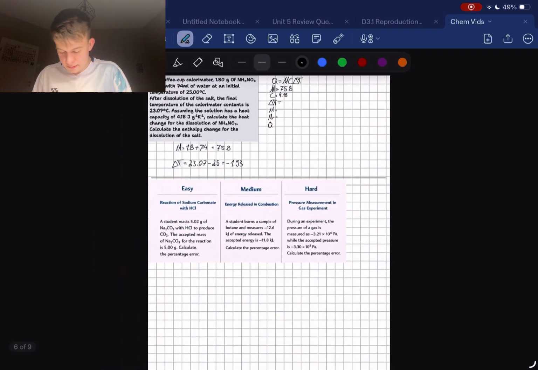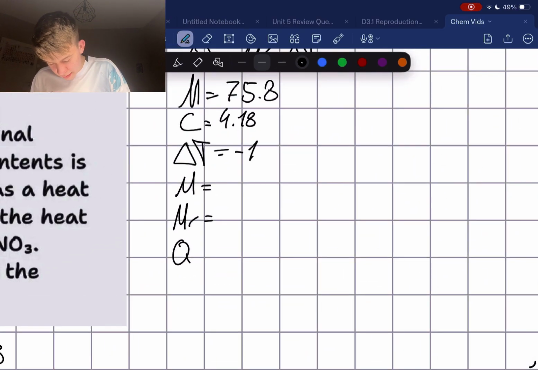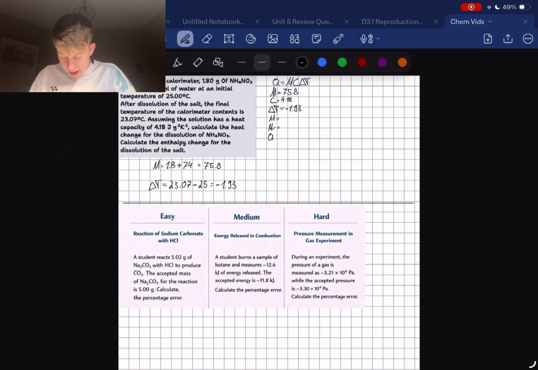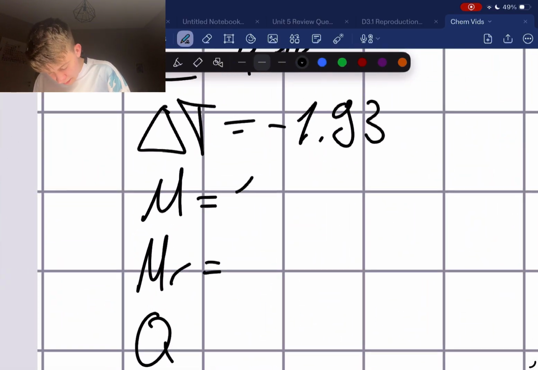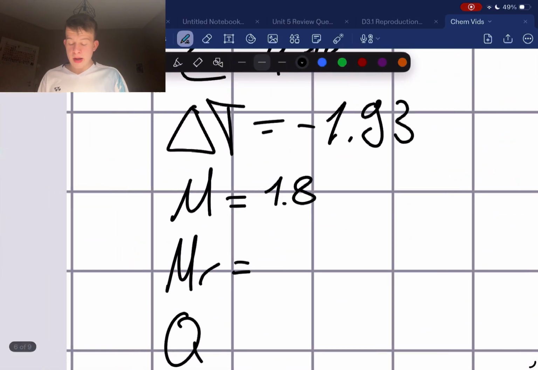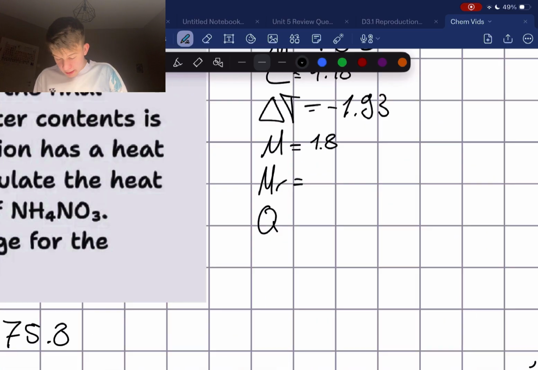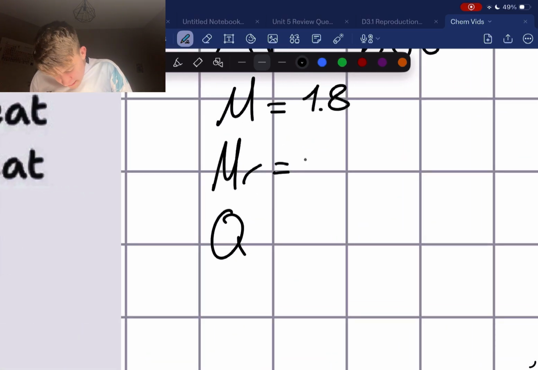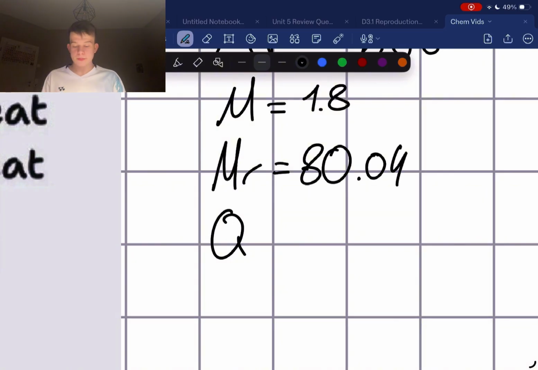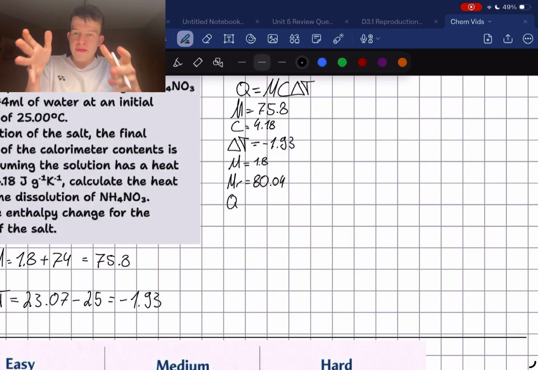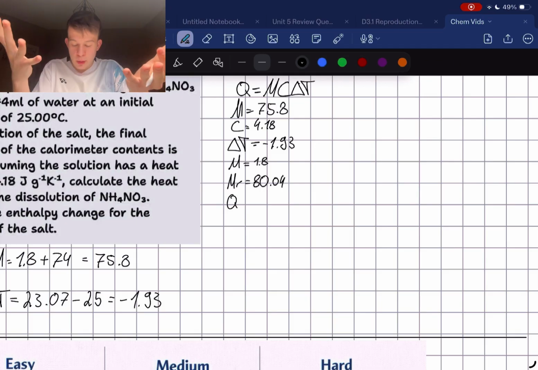So delta T equals negative 1.93. Then our mass for our substance NH4NO3 is 1.8. So we write 1.8. Our molar mass of the ammonium nitrate is 80.04. Okay, so now we have all the values and all the components that we need to answer the question.